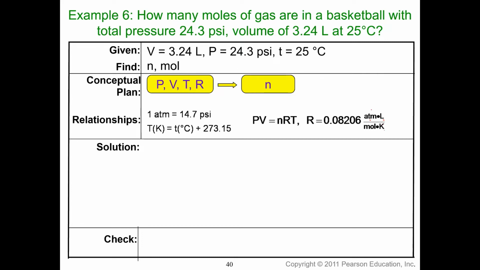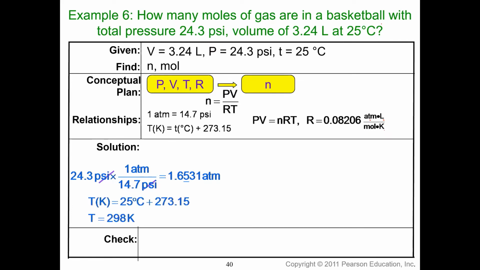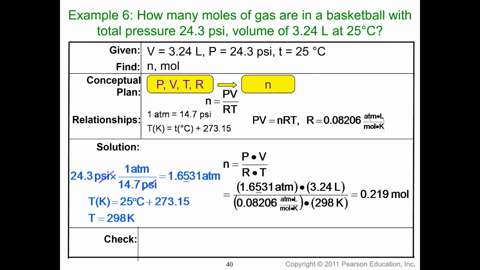It's given in Celsius, so you know right away you need to convert the temperature from Celsius to Kelvin. And the pressure, same, you got to convert it from psi to atmosphere. So you got to do these two conversions before you do anything else. The rest will be very easy because you use the formula, put everything into the formula and solve for the unknown.